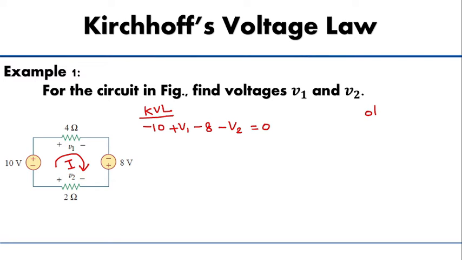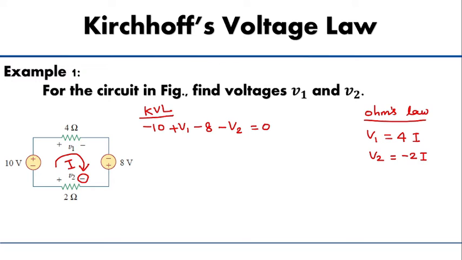By applying Ohm's law, we have V1 is equal to 4 into I, and V2 is equal to 2 into minus I, which gives minus 2 into I. The reason we put minus here is that the current I is entering here in minus.